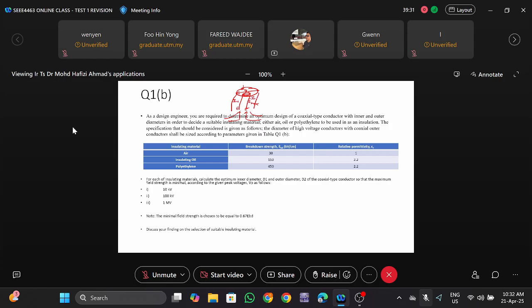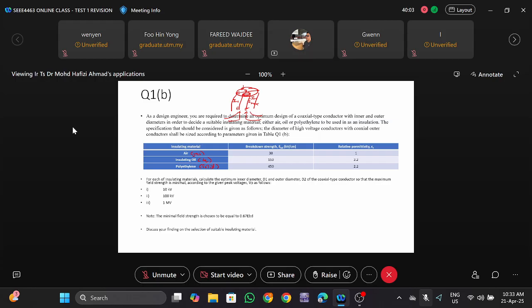Different insulation has different breakdown strength. Given here, we have three different insulation materials: air, which is a gas, insulating oil, which is a liquid, and solid insulation. Different insulation materials have different breakdown strengths.